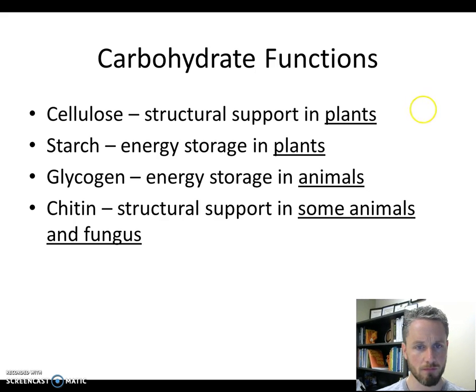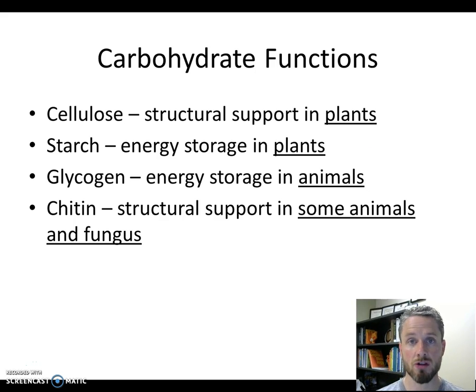All right. So another polysaccharide or carbohydrate is starch. The job of starch is for energy storage, specifically again in plants. So again, animals can't make starch, only plants can make starch. And the reason plants make starch is to store energy. So that's why you can think of starchy vegetables like potatoes.